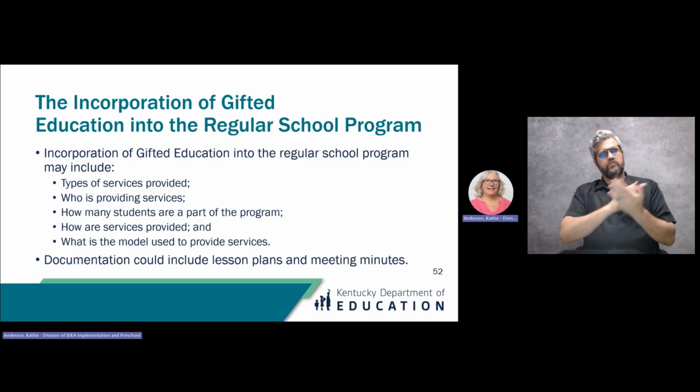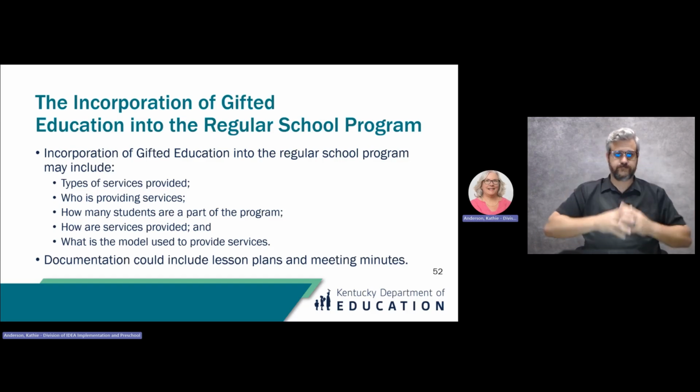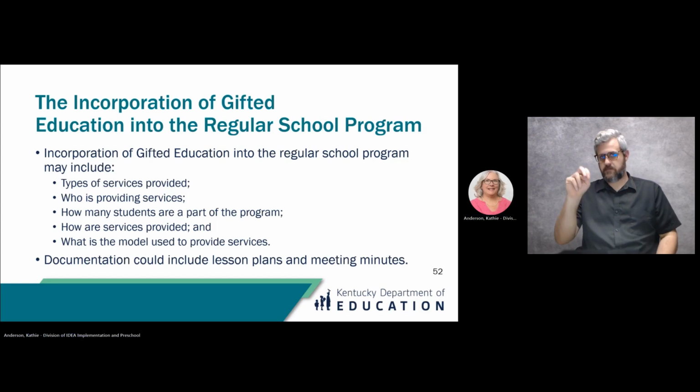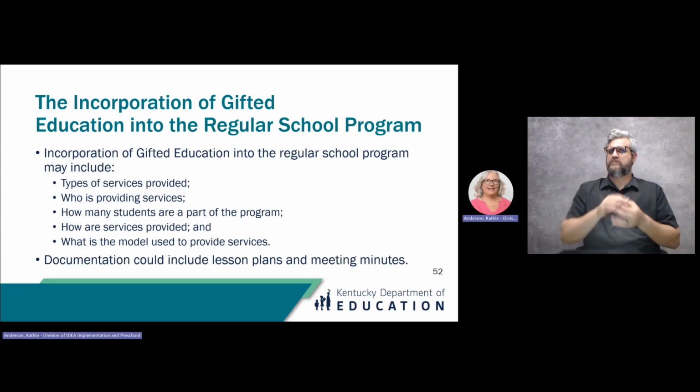The discussion of data and a presentation could include information about how many students are part of the program, what types of services are provided, how services are being provided, who is providing services, and what model is being used to provide services. There could be a discussion of enrichment and acceleration as they relate to the services that are being offered. Documentation could include lesson plans and meeting minutes.